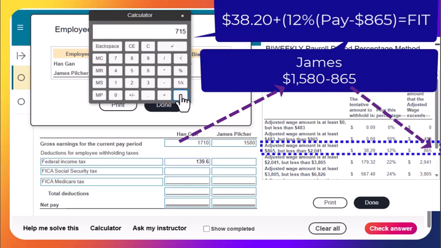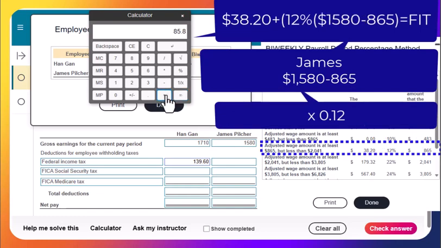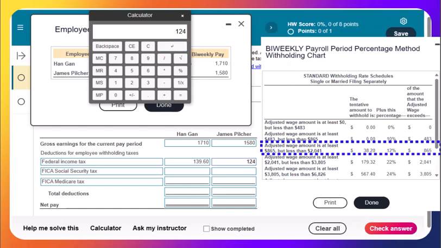We're going to multiply that number by the 12% or 0.12. And then we're going to go ahead and add that $38.20 for 124 even here. And then we can go ahead and close out of the withholding chart, as we will be moving on to the Social Security tax.